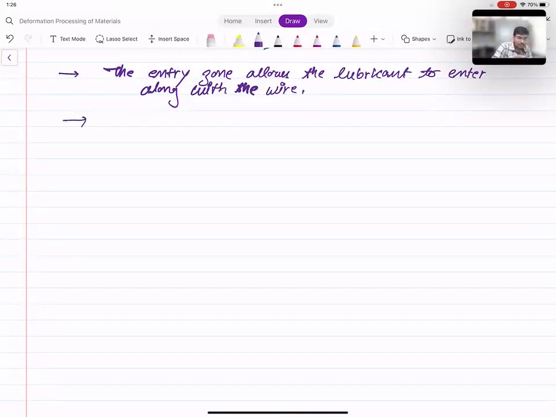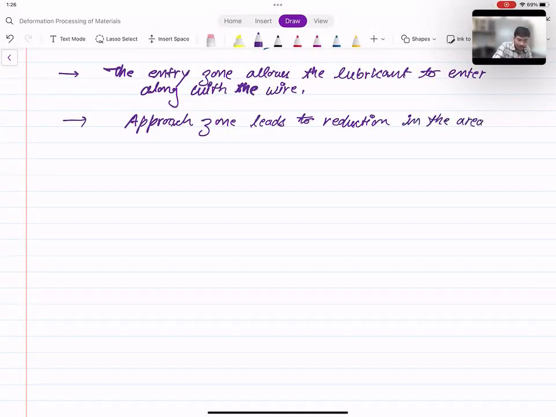After this, the approach zone leads to reduction in the area of cross section.